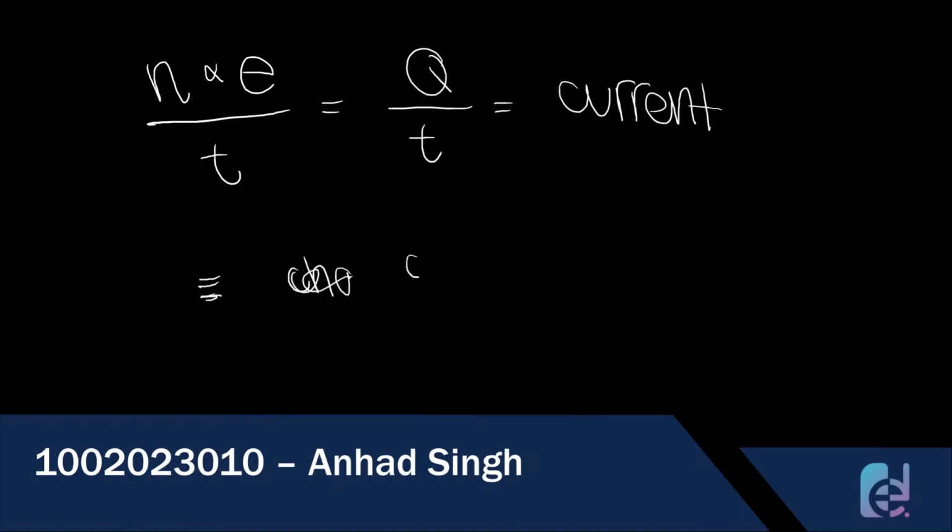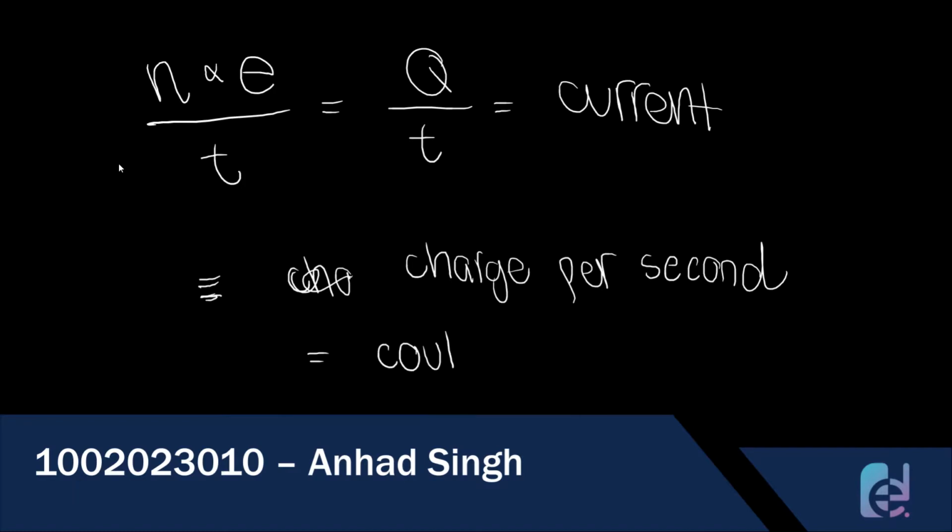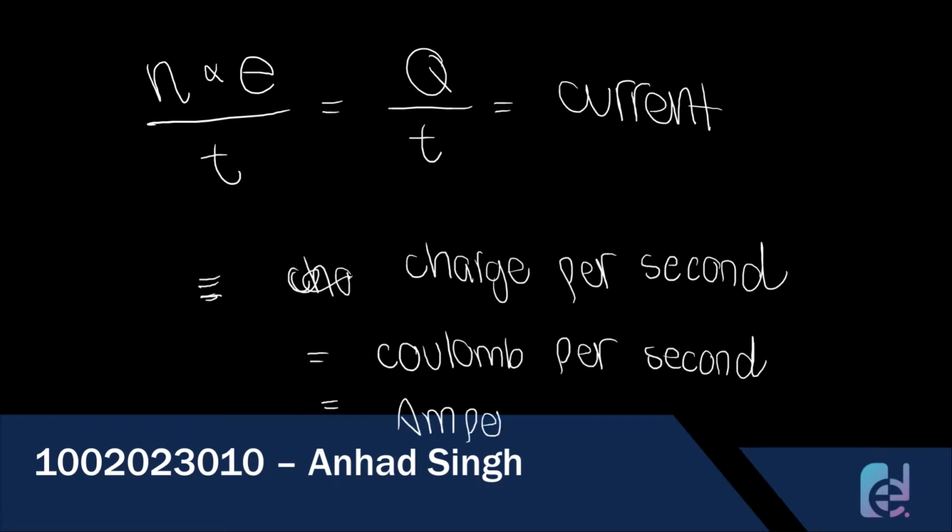That means this is charge per second, and the unit of charge is coulombs. So you have coulomb per second, and this is also known as an ampere. So the unit of current is coulomb per second, or charge per second, or ampere. All of these mean the same exact thing.